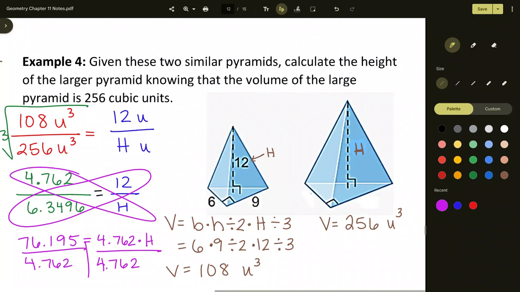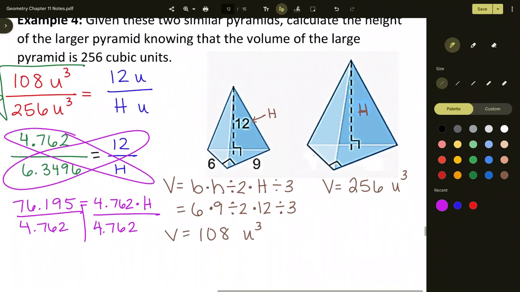Now, I did round that 4.762, and so my final answer comes out to kind of an ugly number on the calculator, but it is almost exactly 16. So I'm just going to round it to the whole number 16 and say that this height is 16 units long.